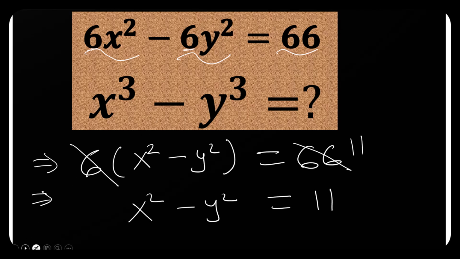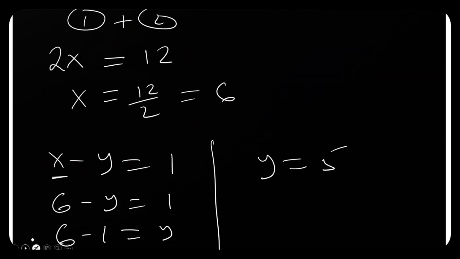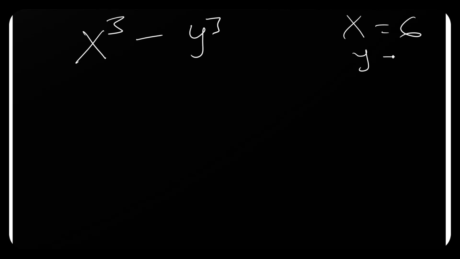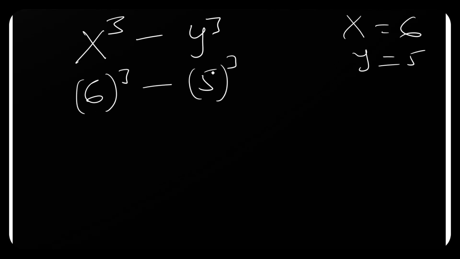So let's compute this one: x cube minus y cube. x is 6 and y is 5. So 6 cube minus 5 cube. 6 is 36 times 6, so we have 216.